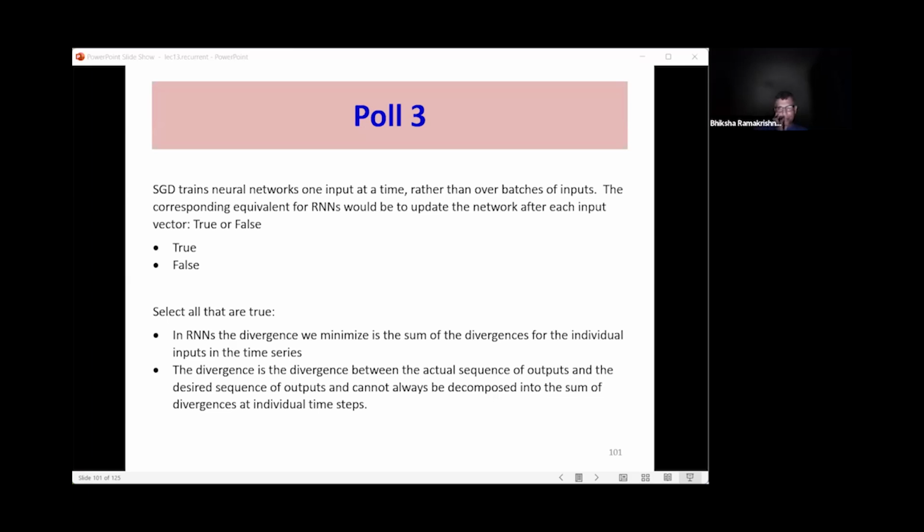True or false? Would you be updating after each input? What was the actual input? The input was the entire sequence, correct? So you'd have to process the entire sequence before you made a single SGD update.